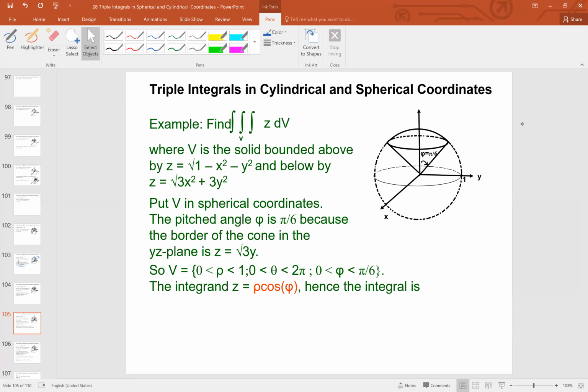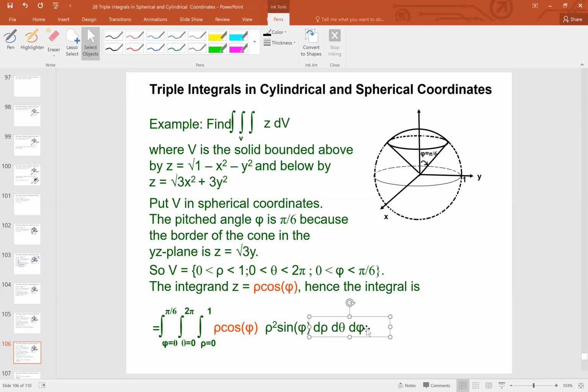Now the integrand: I need to convert it into rho, theta, phi. That's why we go back to the original conversion rule: z is rho cosine phi. Then put everything in the triple integral.